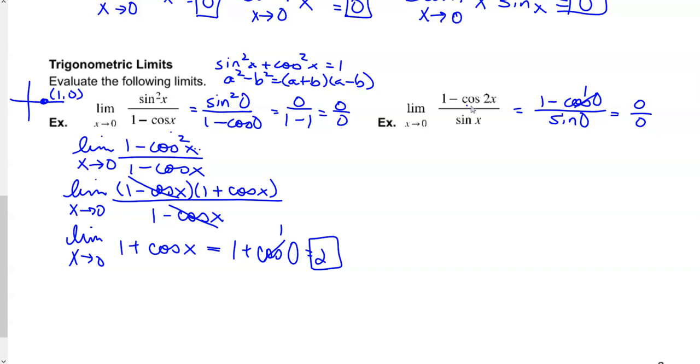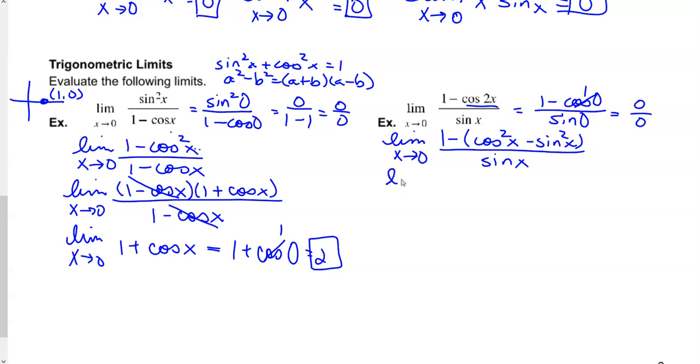So I'm going to change this cosine of 2x to the identity of cosine squared minus sine squared. So I get 1 minus cosine squared of x minus sine squared of x all over sine of x. And what you try to start with first may not work, so you may have to try something else. So when I simplify the top a little bit, I get 1 minus cosine squared plus sine squared.